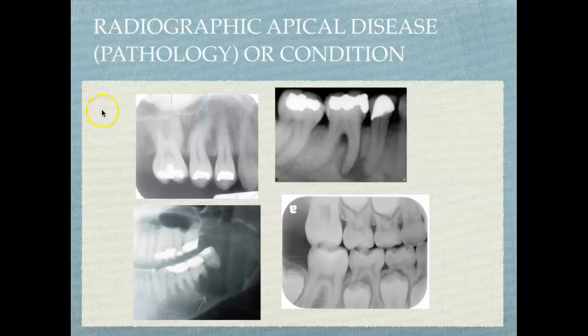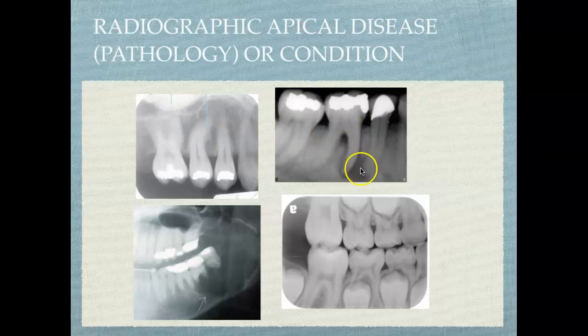In these radiographs, we're just looking at apical disease or pathology or conditions. So here we have a dilaceration, a root that is curved. There may be some cementosis here, so extra cementum that gives it kind of a thick look to the root of the tooth.